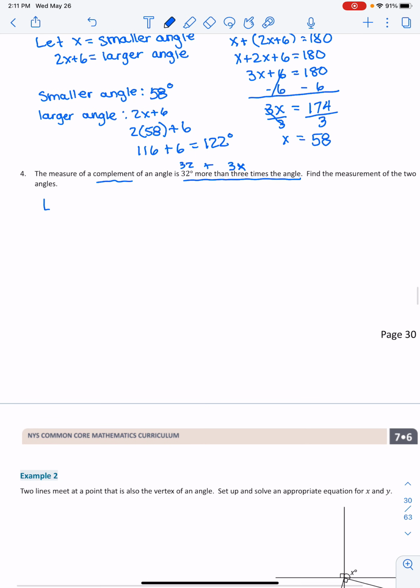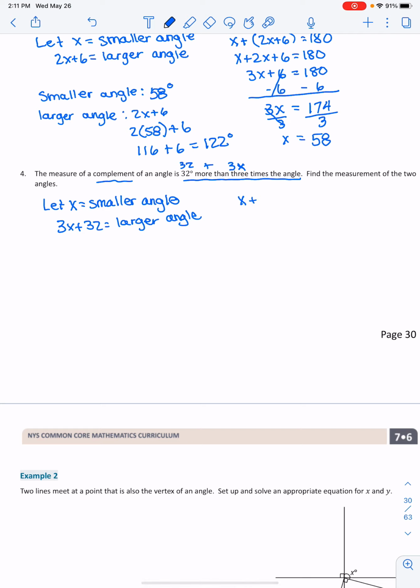So let x equal the smaller angle and let 3x plus 32 equal the larger angle. Because it's a complement, it's going to equal 90.